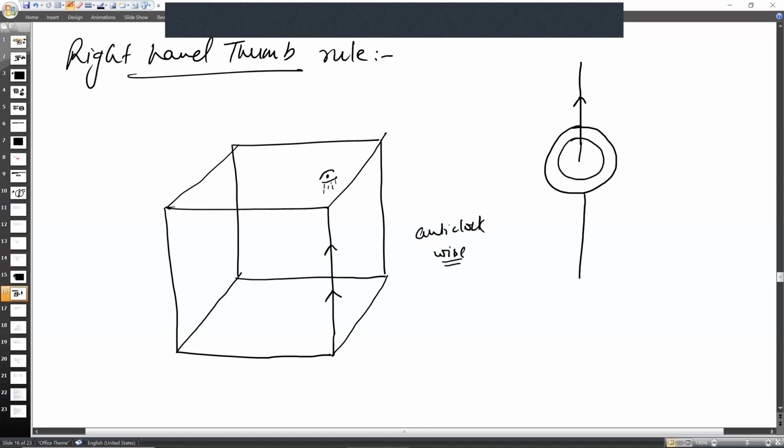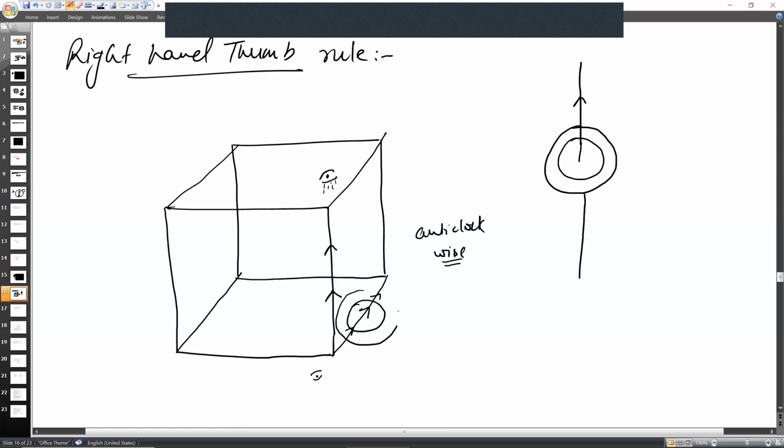Anti-clockwise. And if it is going away from you, for example if your eye is here and you are watching from here, and the current is going in the wire like this, then the direction of the magnetic field lines will be clockwise.